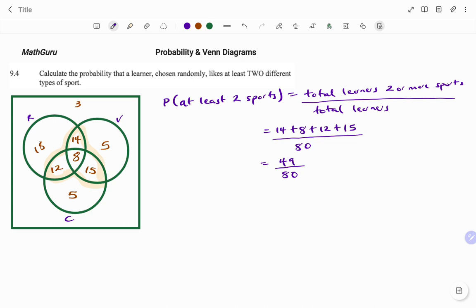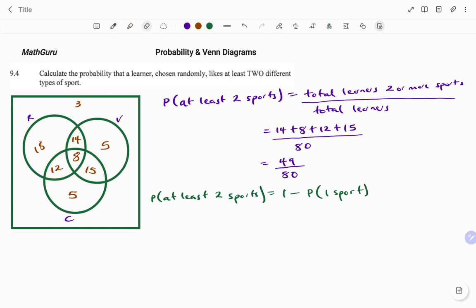Another method, if I want to find P, at least 2 sports, is to use the method 1 minus P 1 sport.